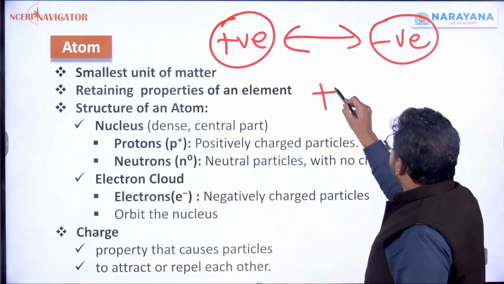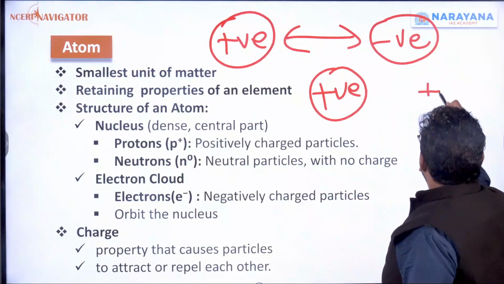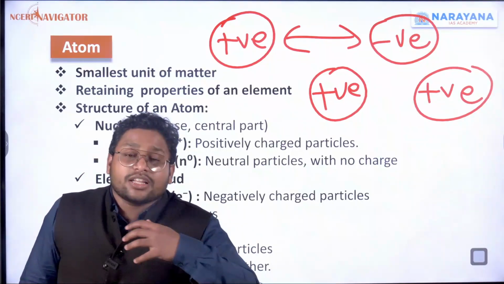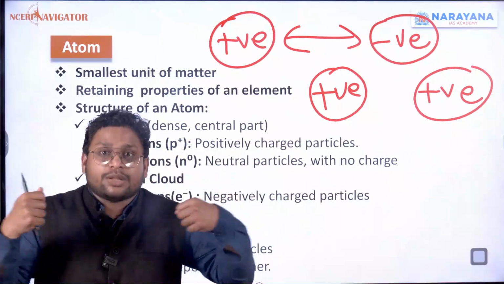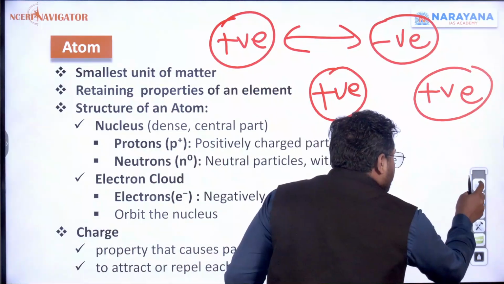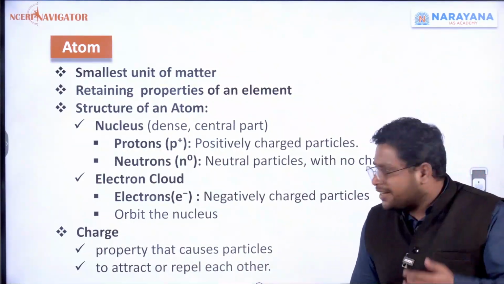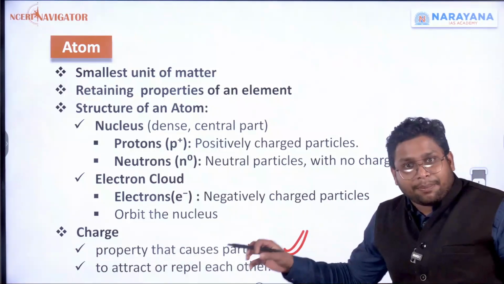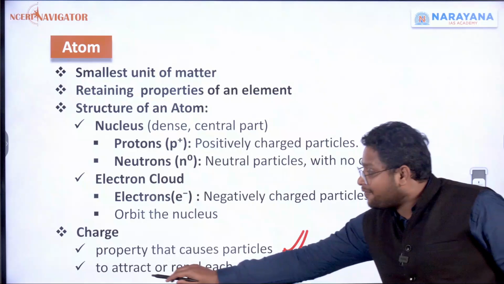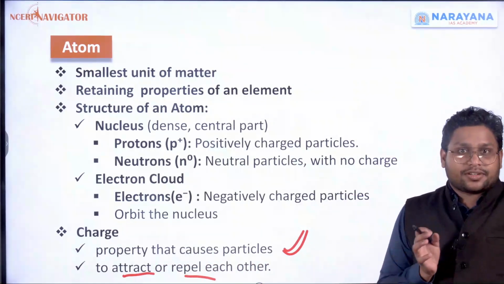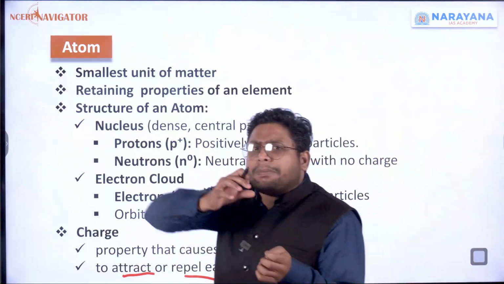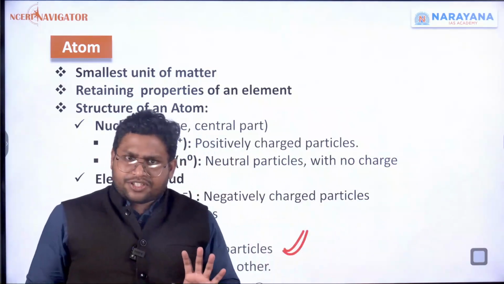Whereas if there is something with a positive charge and some other thing with a positive charge, what will happen? They will not attract. They have the same charge, so they will repel each other, they will push each other away. So we can say charge is a property of matter wherein the particles inside that matter will either attract or repel each other. That is called charge. Now this charge could be either positive or negative.